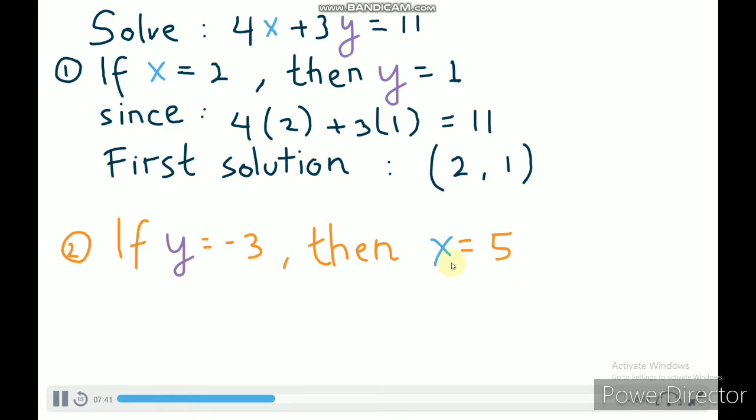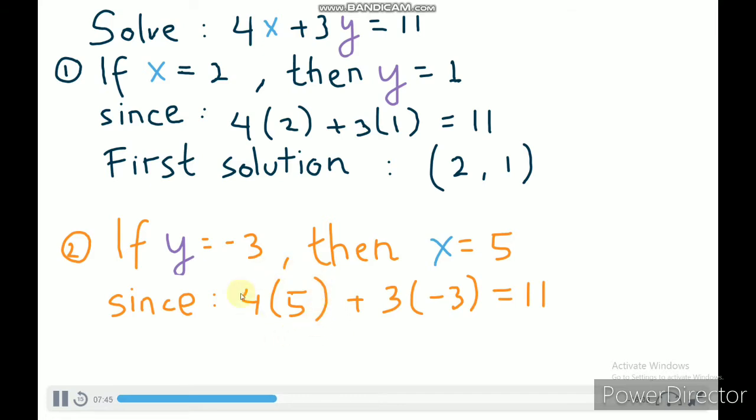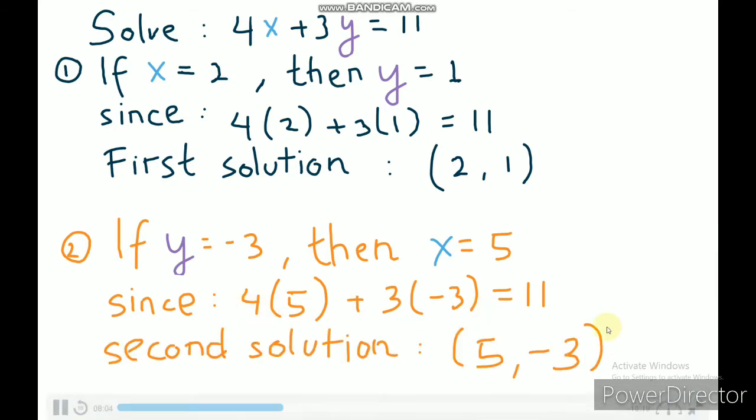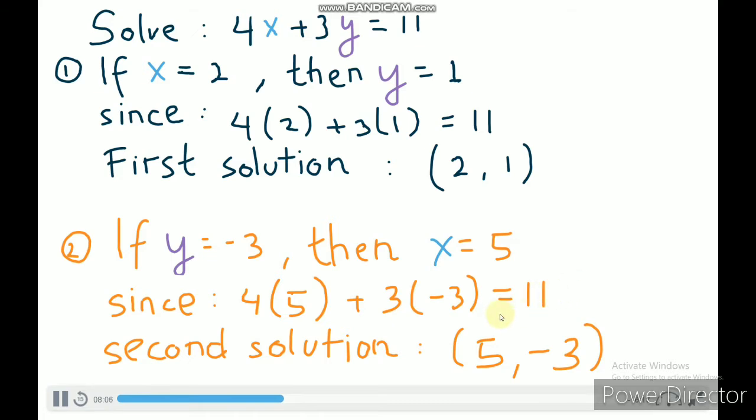In my mind I calculate that 5 multiplied by 4, and 3 multiplied by negative 3, is actually 11 also, right? This is 20 minus 9. Therefore, it is 11. So I have the second solution, which is 5, negative 3.